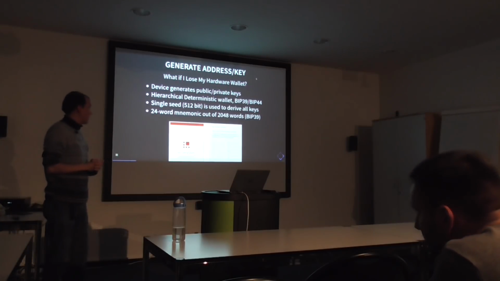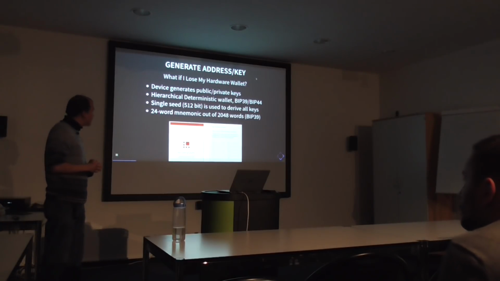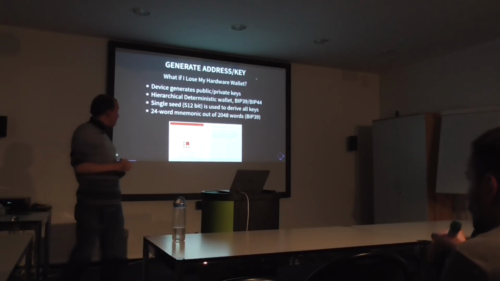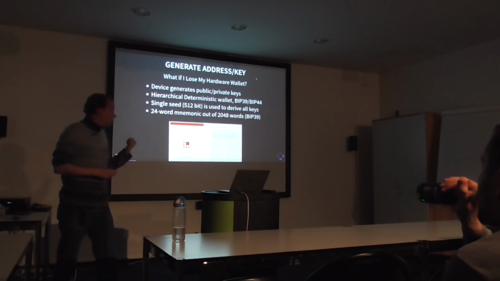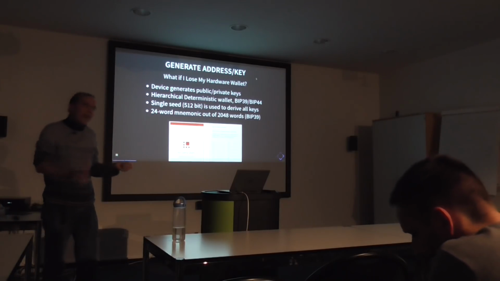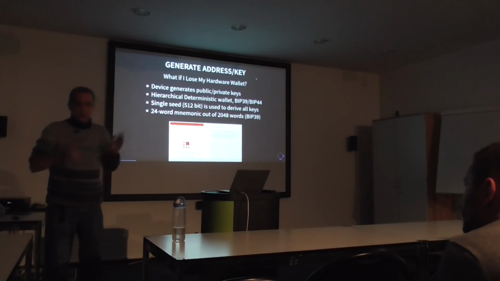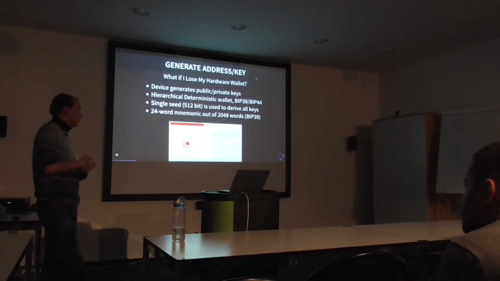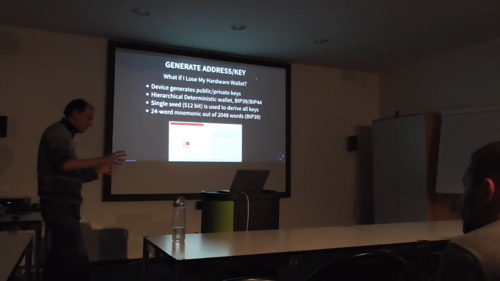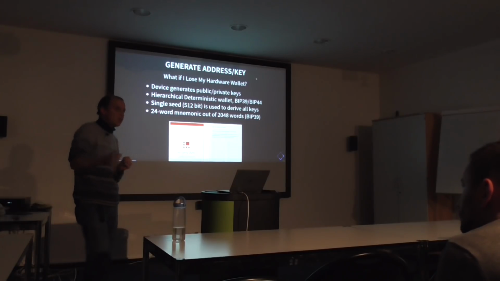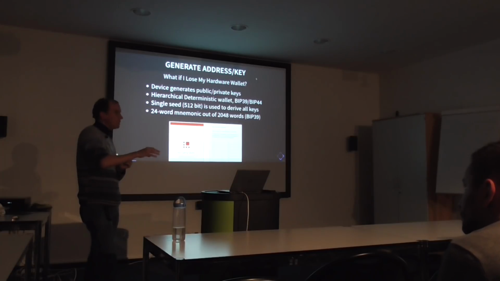For a couple of years now, we're no longer in the dark ages of Bitcoin, and there's something called hierarchical deterministic wallets, where basically everything starts with a certain seed. This is usually represented by so-called mnemonic words, and then a seed is derived from that, and then certain mathematical functions are applied upon this seed.